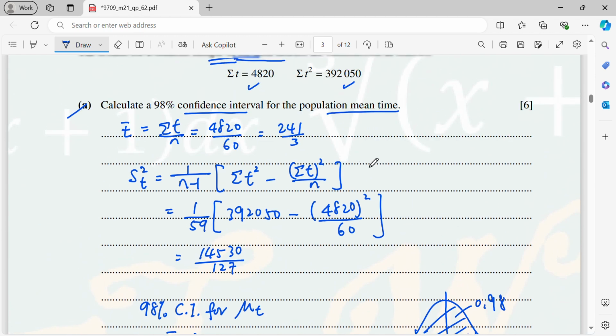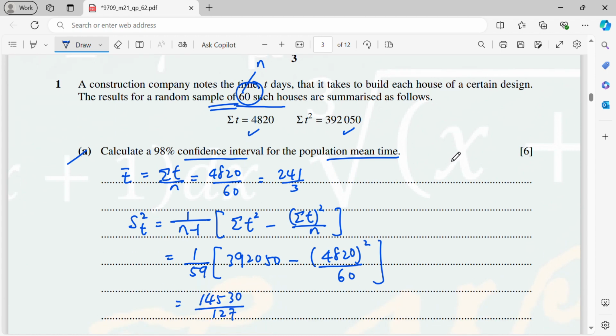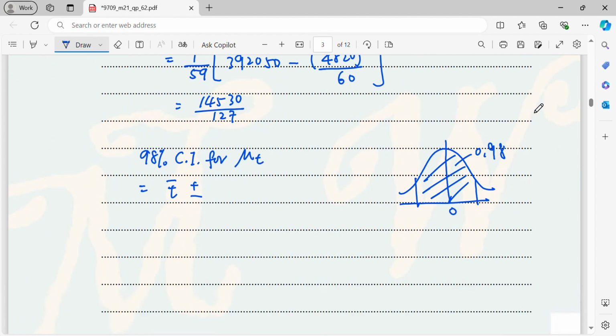The population distribution is not given in the question, but the n is large, 60. So according to the central limit theorem, as long as n is large, which is greater than 30, we are going to use the normal approximation because it will be approximately normally distributed. Therefore I'm using the normal graph.